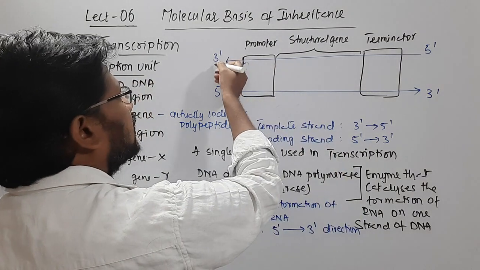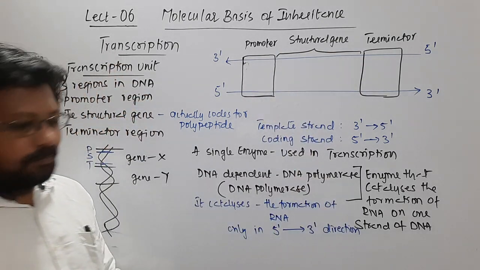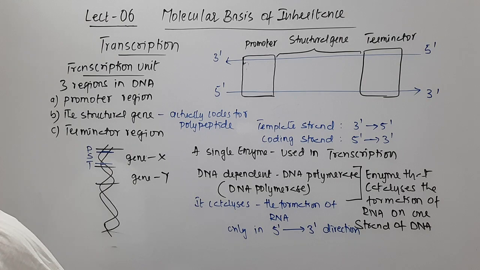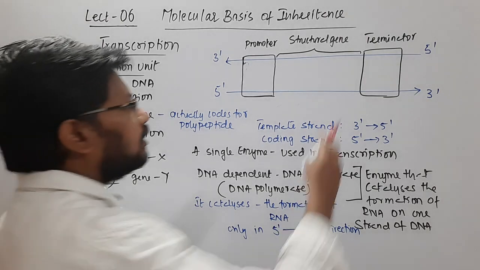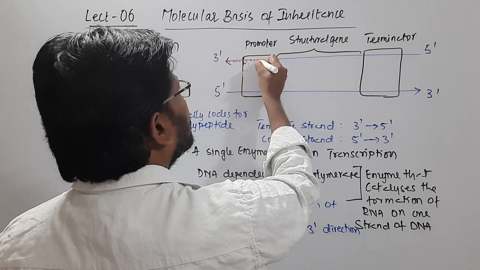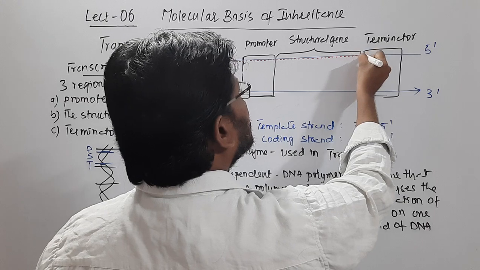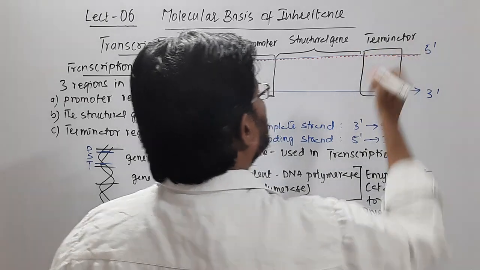So out of this, the one with 3' to 5' is the template strand. I'll just mark it with the red dotted area.